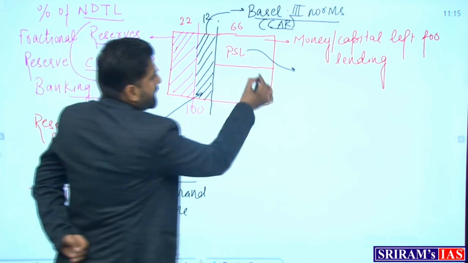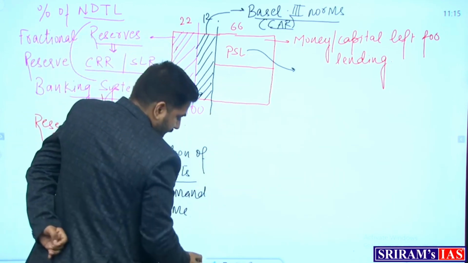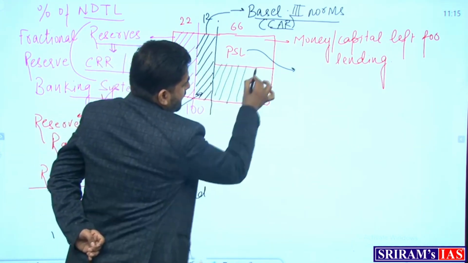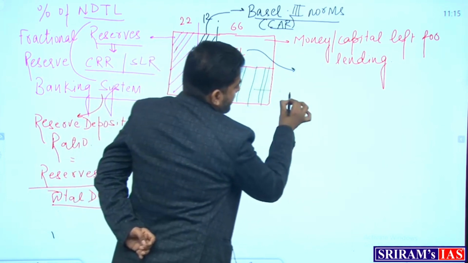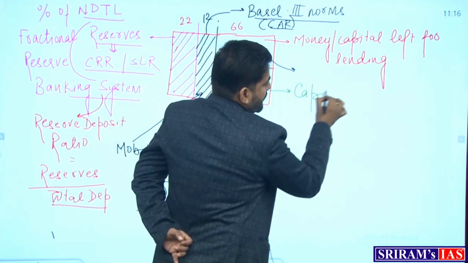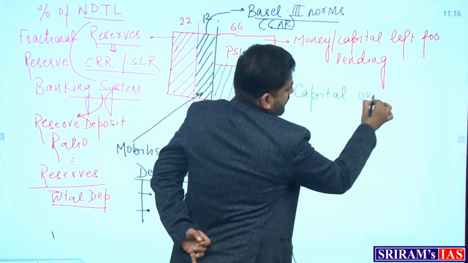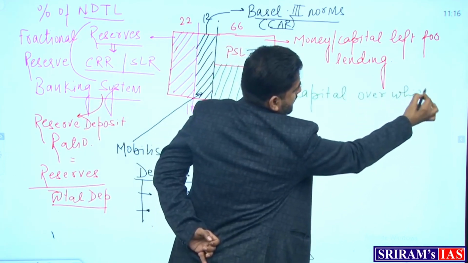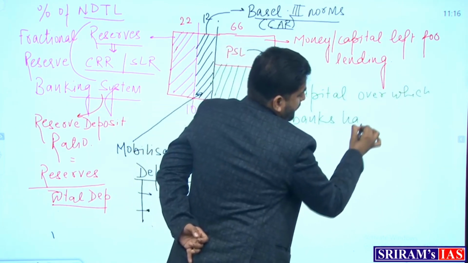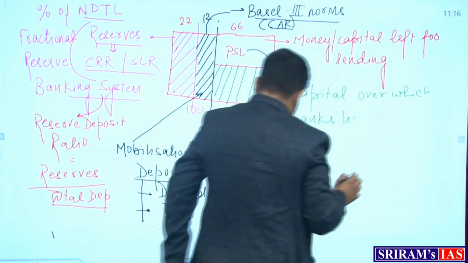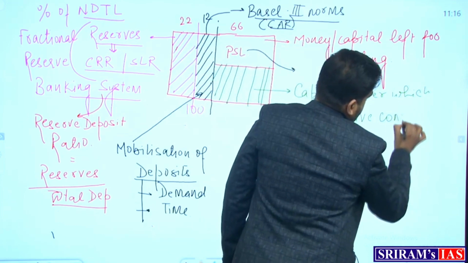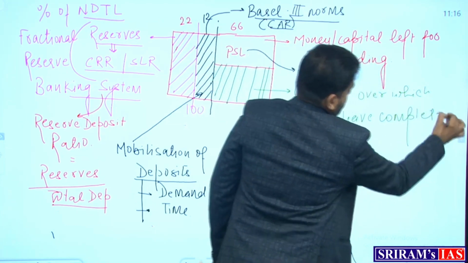So the only money that is left here is the capital over which banks have complete discretion to lend.